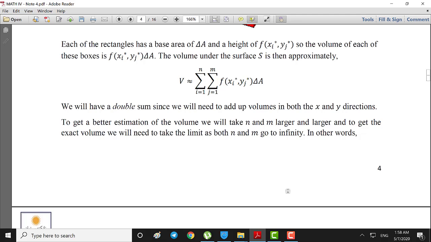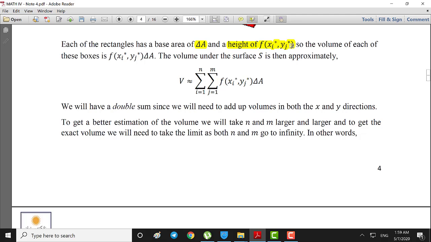Now, each of the rectangles in the division of R had a base area of delta A, and the height of each of these boxes is f of xi star, yj star. Okay?